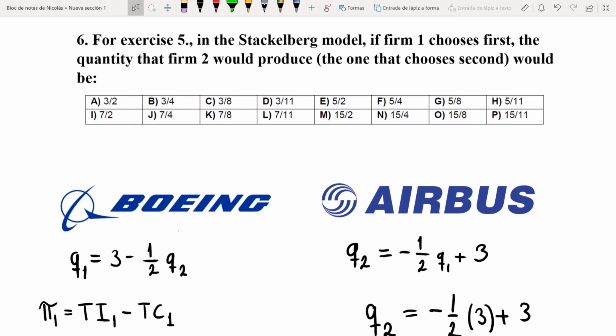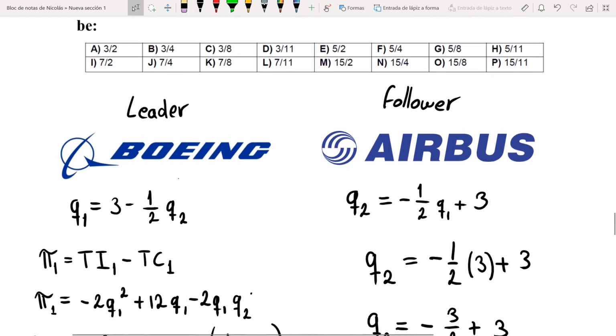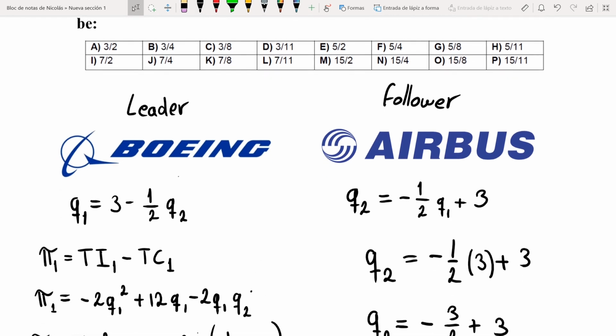So in this case, as I told you, I'd like to call Boeing, the firm that chooses first, the leader in the market, and Airbus, the one that chooses second, the follower of this market. So in this case, we'll be using the best reaction curves that we found earlier in exercise 5, sorry, problem 5, which are given by this equation and this equation.